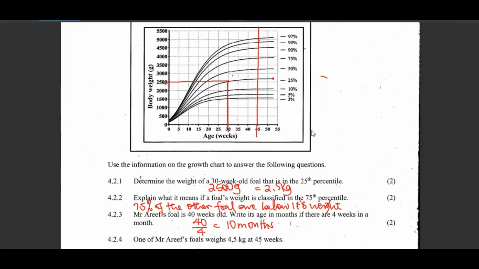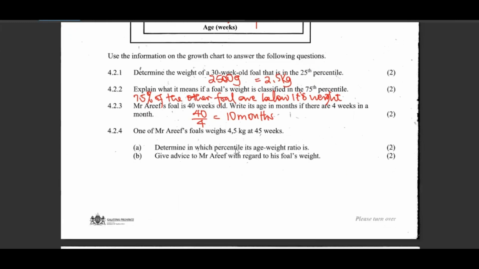Then when does it touch? So it's on the 90th percentile.